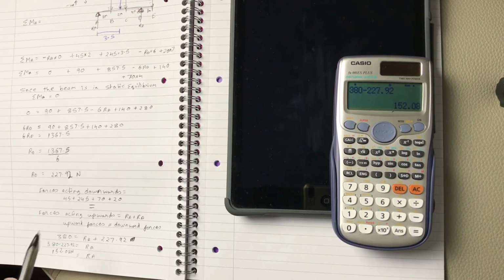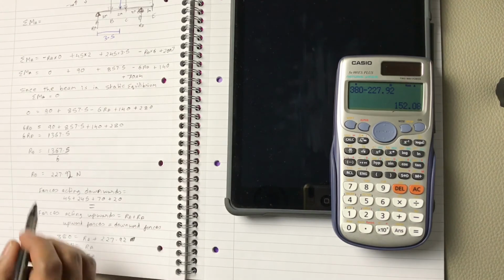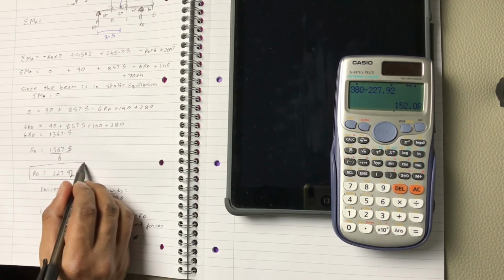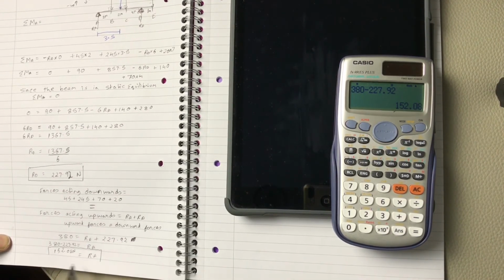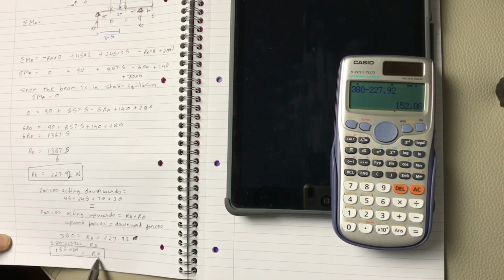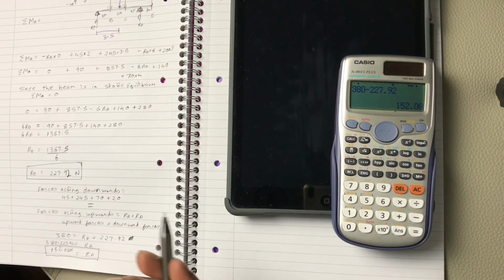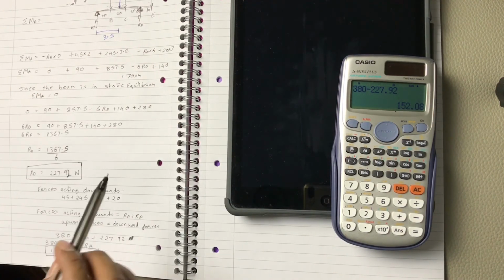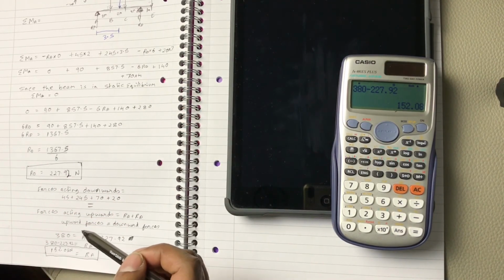Newton. Now the question we were asked was the reaction forces RA and RD. So we have calculated here RD and RA. Now always highlight your answers correctly so that the examiner, when marking your paper, knows that you have correctly solved the reaction forces. Also, when you're practicing, try to write this in as few steps as possible.